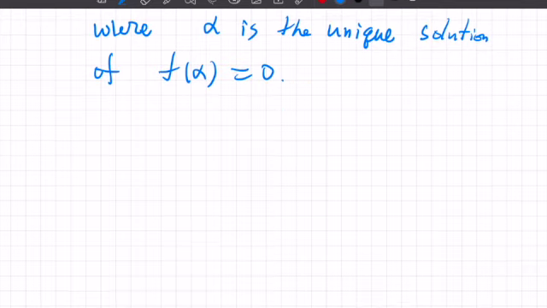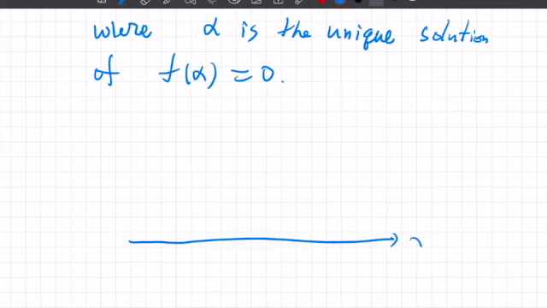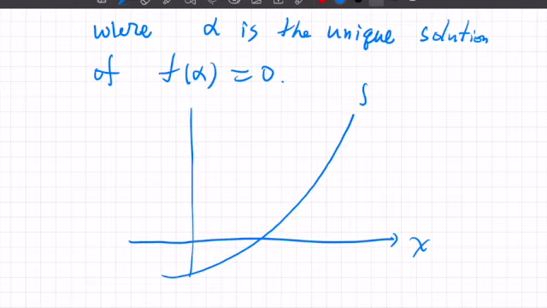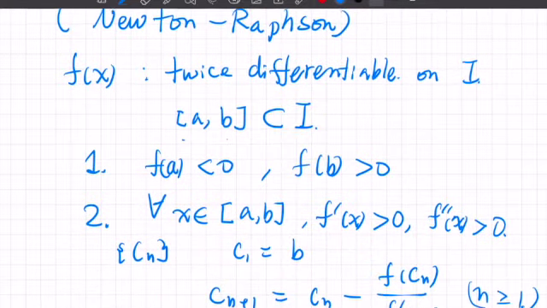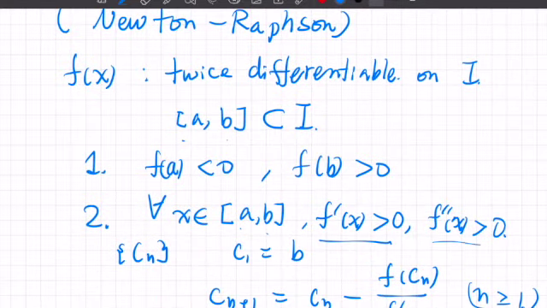So this means the following scenario. Let's see, we have a function f of x, and let's say this is b, and let's say this is a. Okay, so at a, the functional value is negative, and at b it's positive. And the first derivative is always positive between a and b, and the second derivative is also positive.